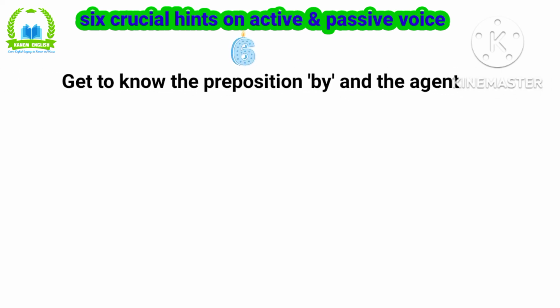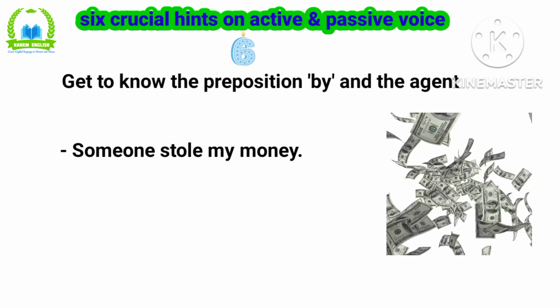Get to know the preposition by and the agent. The preposition by is the only word that introduces the object, which is also called the agent in the passive voice. But sometimes the agent is not important. Example, if I use the sentence someone stole my money.